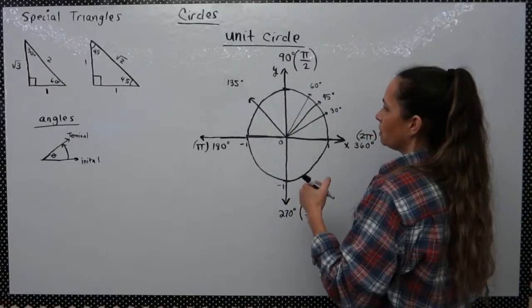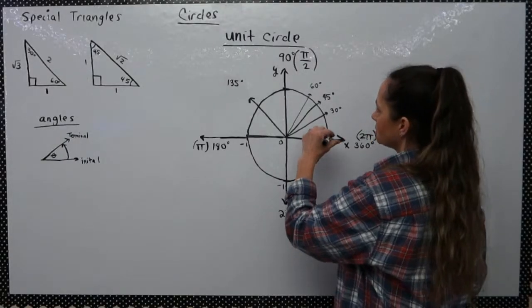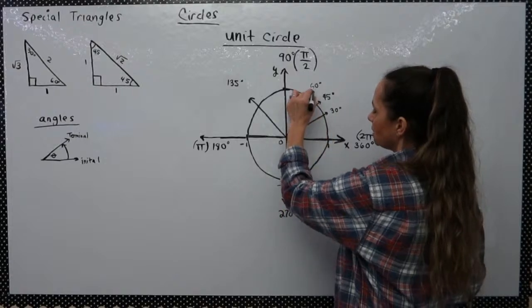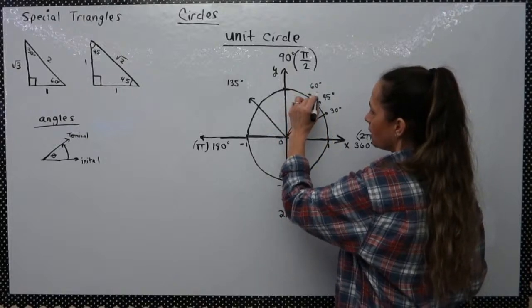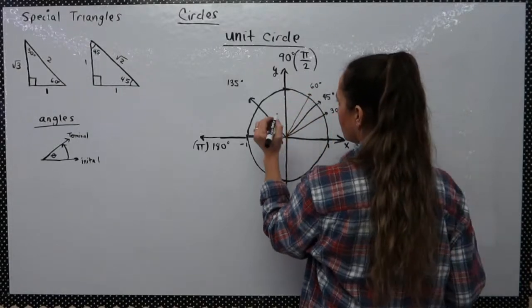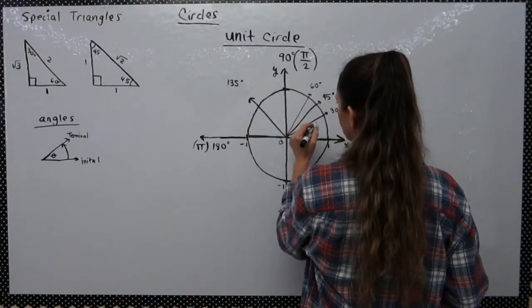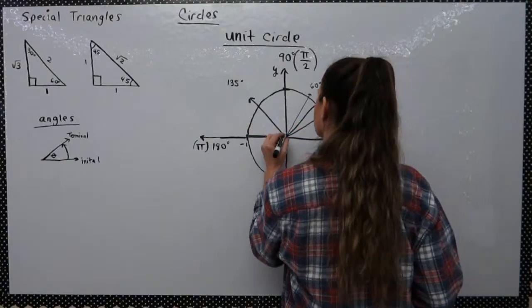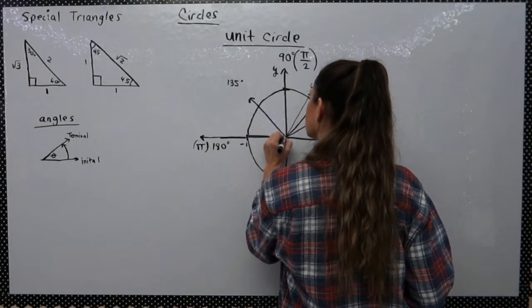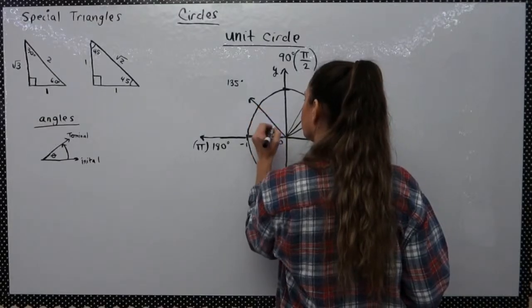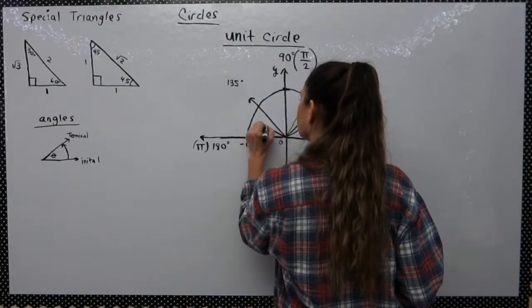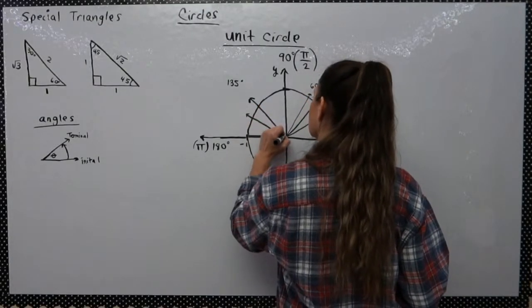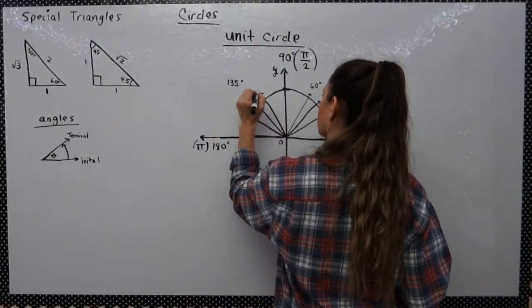So if I want to find the 60-degree counterpart here, what I'm going to do is we have try to see if we can draw it in here. 45 minus 15 will be about right in there, and greater than 15 will be right in there.